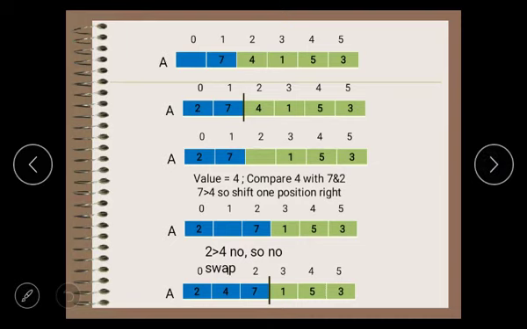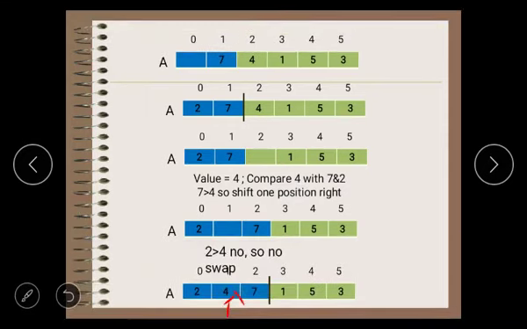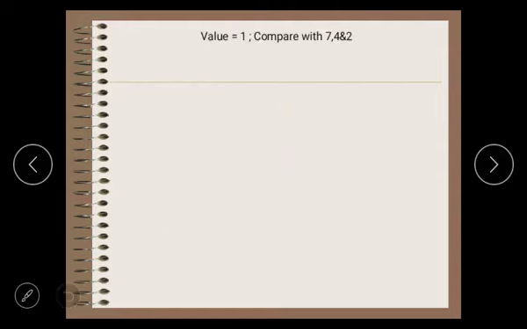So we replace the empty cell with 4. After that, the blue elements are the sorted part and the remaining are unsorted elements. Now pick an element from the unsorted array, that value is 1, and compare with 7, 4 and 2.